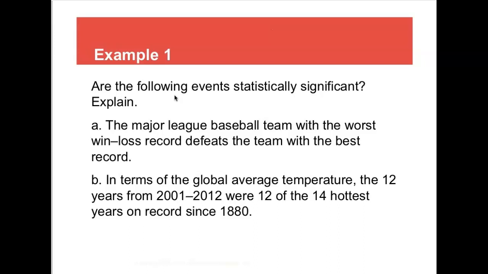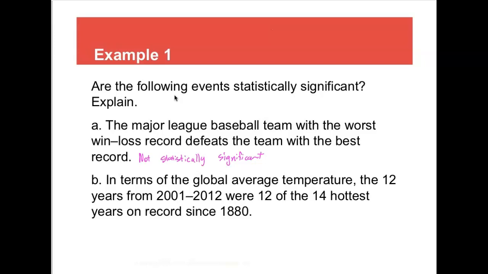Does that make sense? So this is probably not statistically significant. It can just happen in baseball. They play so many games that sometimes the bad teams win and sometimes the good teams lose.